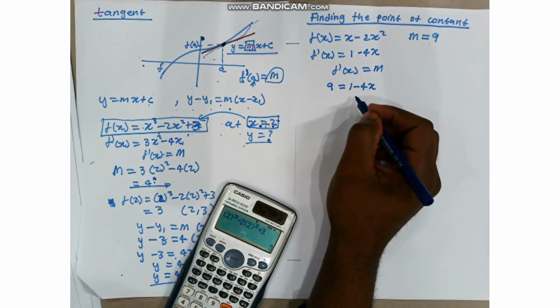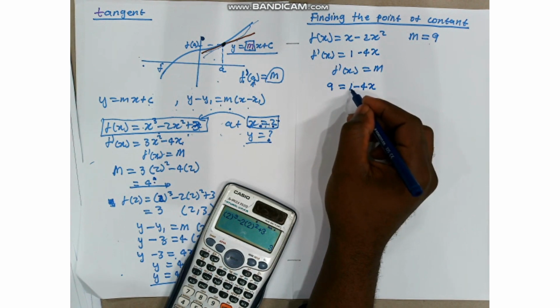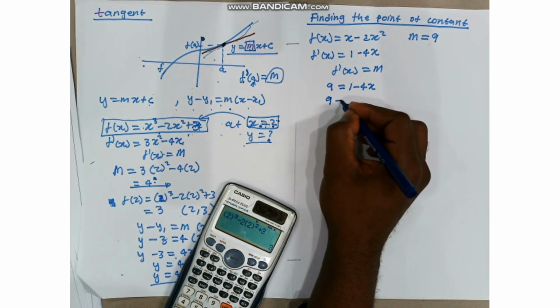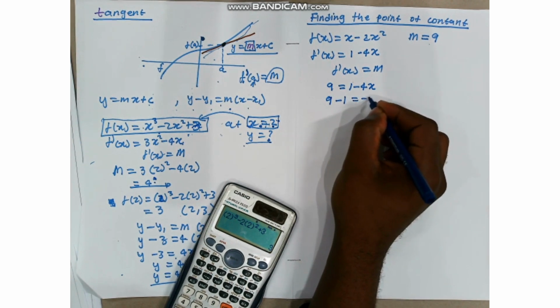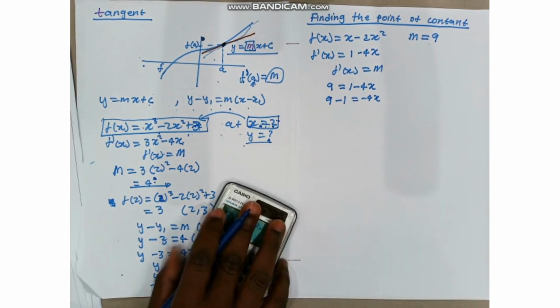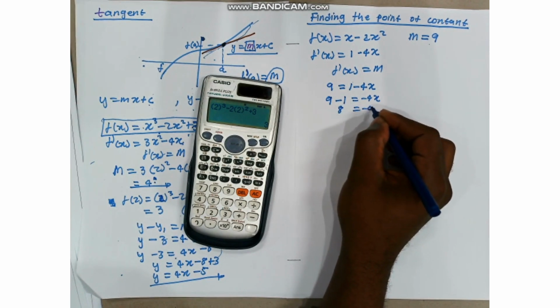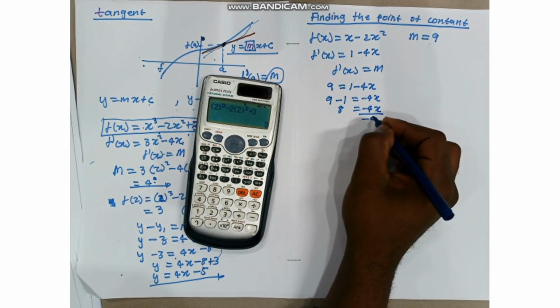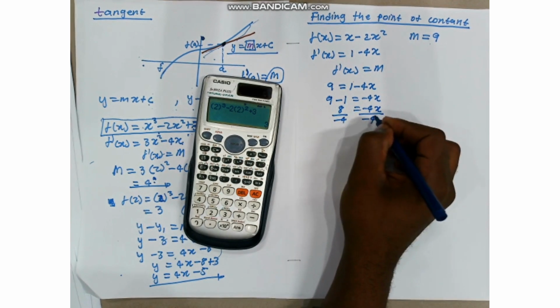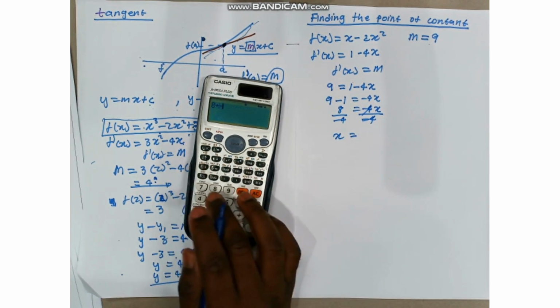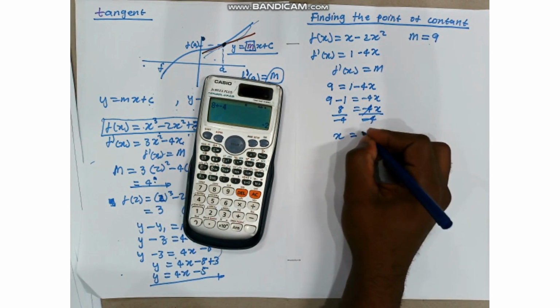Calculating x, take this 1 to the other side. It's just going to be 9 minus 1 equals negative 4x. 9 minus 1 is 8, so 8 equals negative 4x, then x is 8 divided by negative 4, which is negative 2.